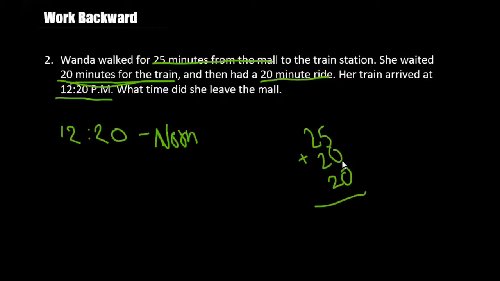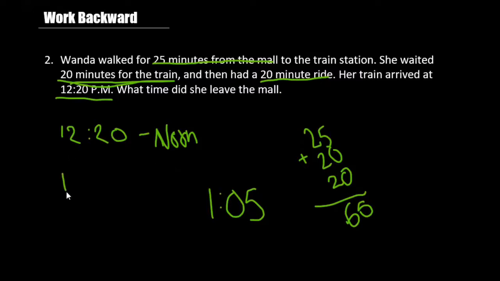5 plus 0 is 5, and 2 plus 2 is 4, 4 plus 2 is 6. So again, this is an hour and 5 minutes like our previous problem.